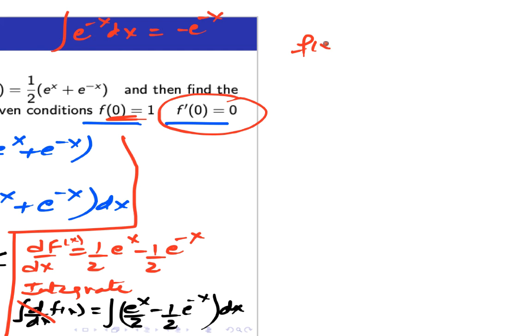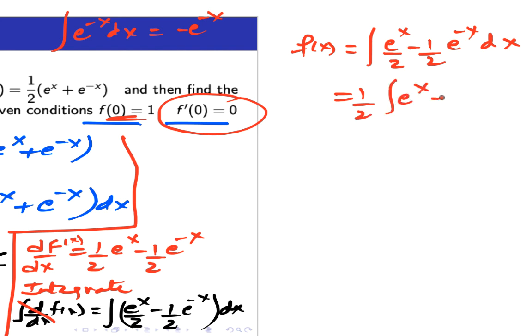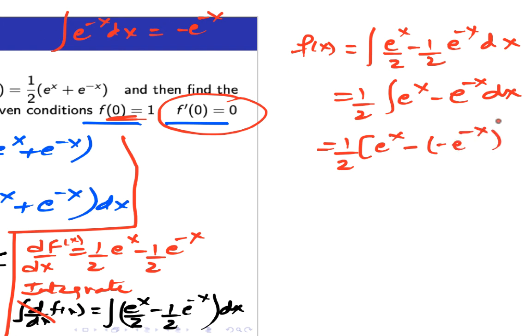So we get f of x equals the integral of e to the power x over 2 minus half e to the power minus x, or I can write half out: e to the power x minus e to the power minus x dx. So this is half of e to the power x minus of e to the power minus x, remember here, plus c, and this is f of x.